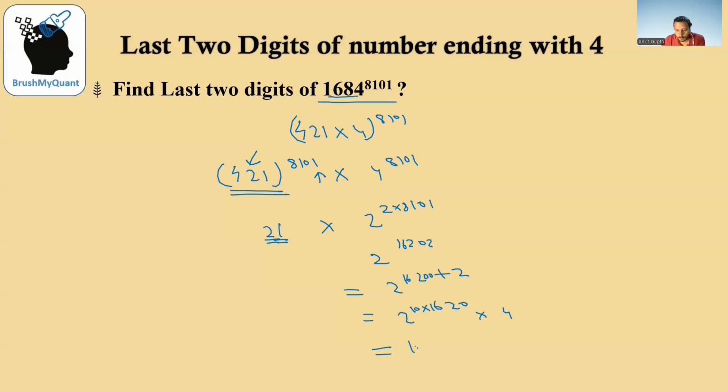This becomes 1024 raised to an even power multiplied by 4. So this again becomes 76 multiplied by 4, and this will be equal to last two digits 04. So the last two digits will be given by 21 multiplied by 04, which will be equal to 84. So the last two digits of this number will be equal to 84.